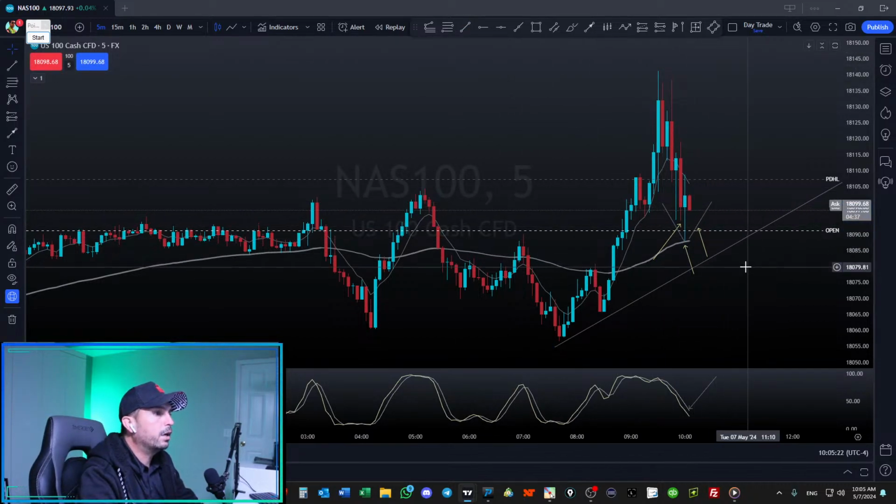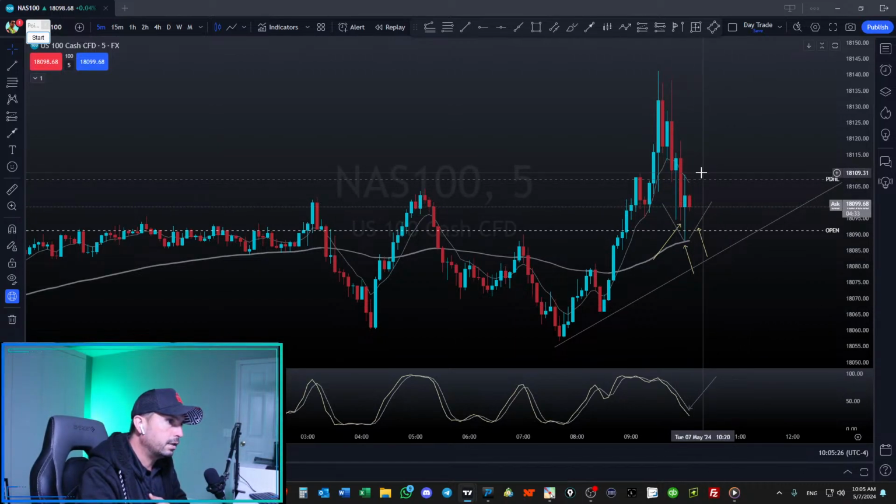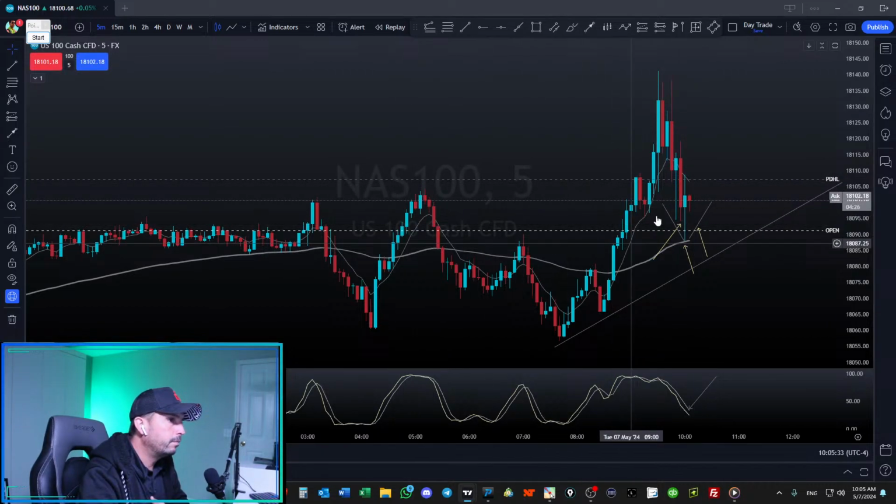That's going to give me the 1, 2, 3 that I'm looking for. And then once the price crosses, we want the 8 to kind of flip around and start pointing towards the top.